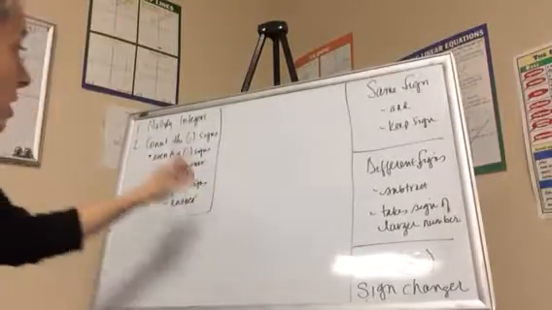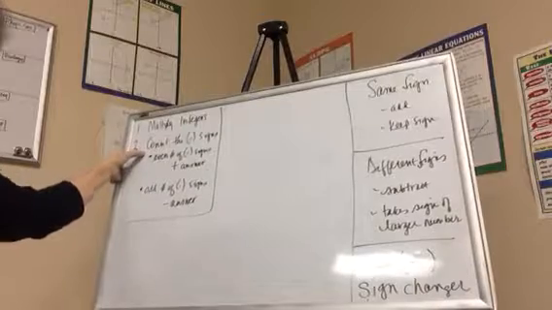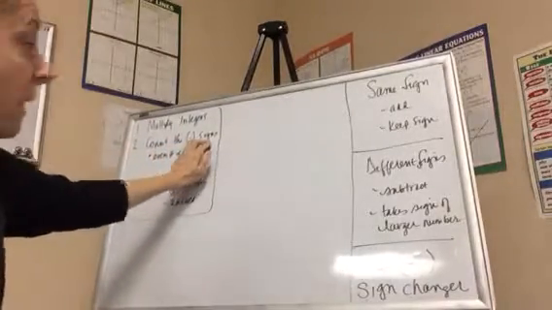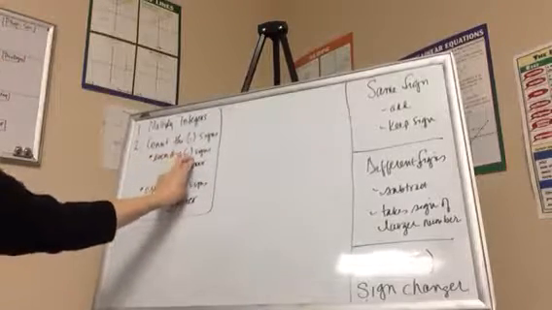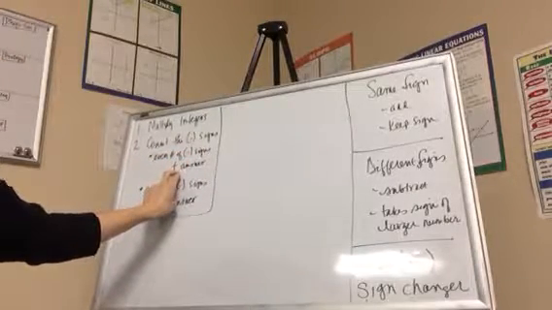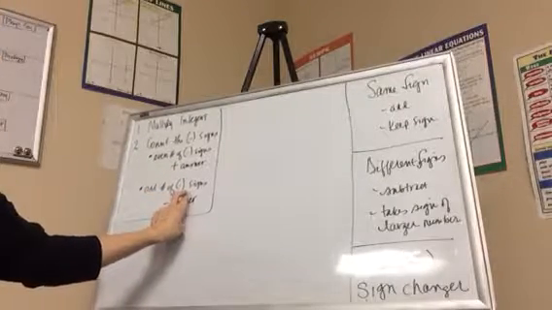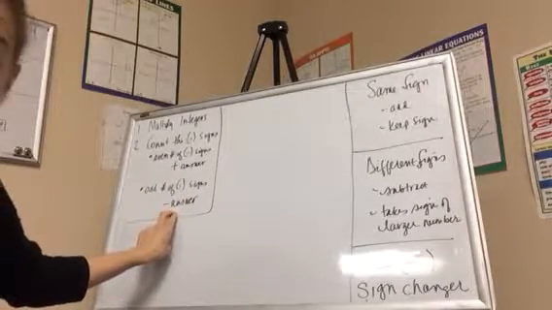After you've done that, go to step 2. Go back to your problem and count the negative signs in the problem. If there's an even number of negative signs in the problem, you'll have a positive answer. If there's an odd number of negative signs in the problem, you'll have a negative answer.